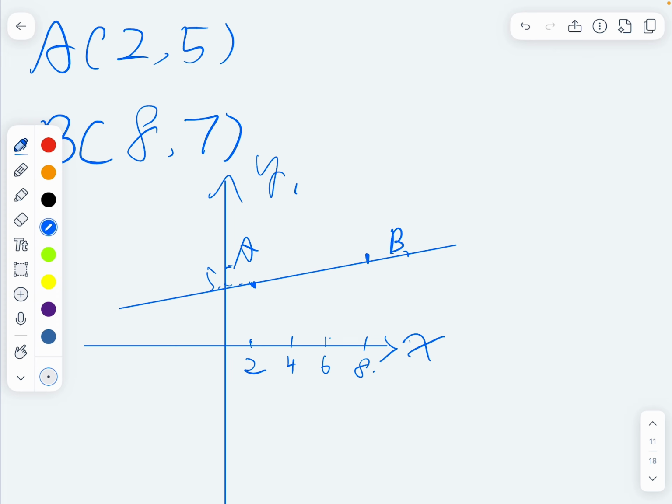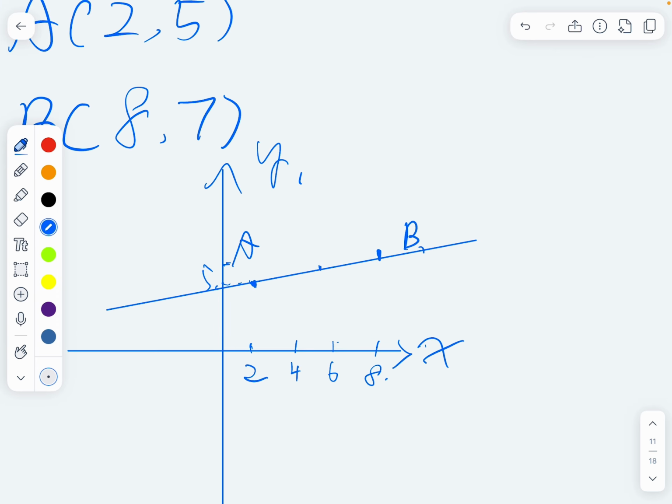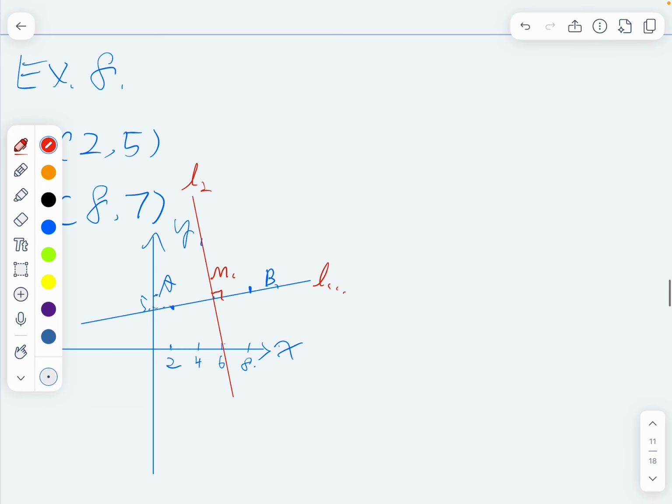Now we can find the middle point M of AB, and we can draw the line perpendicular to AB. So we need to find the line equation. How do we do that?